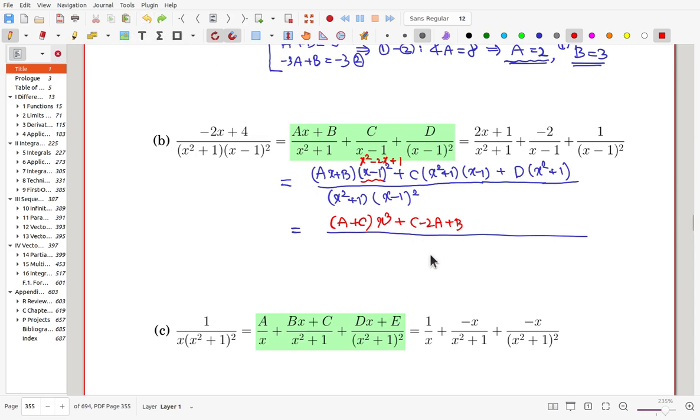Now we have to continue here. Now x squared will be from here minus c, and for that one plus d. Okay, not b. Okay, plus d.